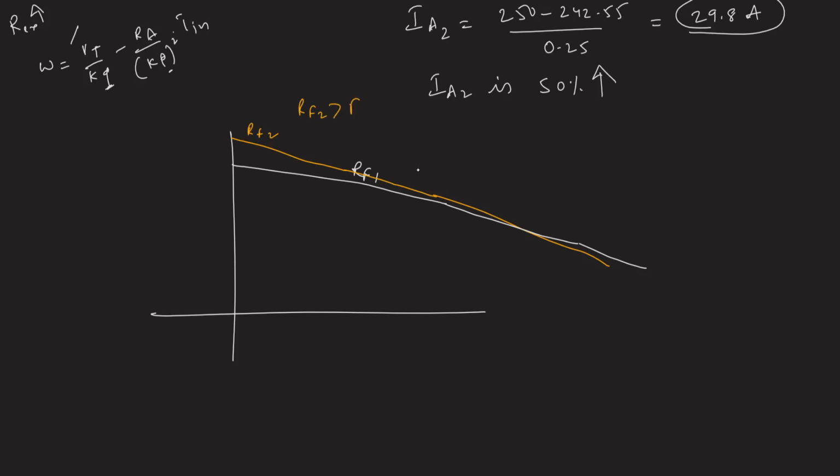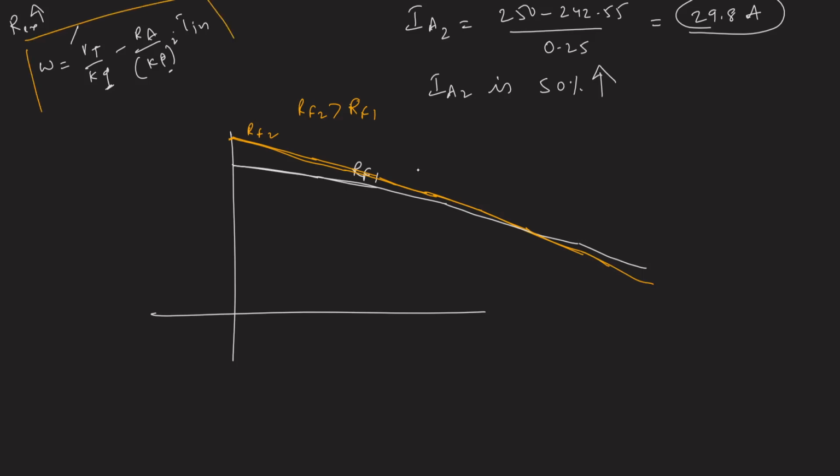RF2 is greater than RF1, right? So we have a higher intercept and a more negative slope like this. So the white one is having less slope, and the yellow one is having a bit steeper slope. Okay, can you see? Right.